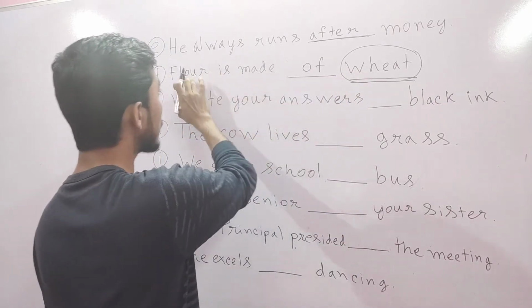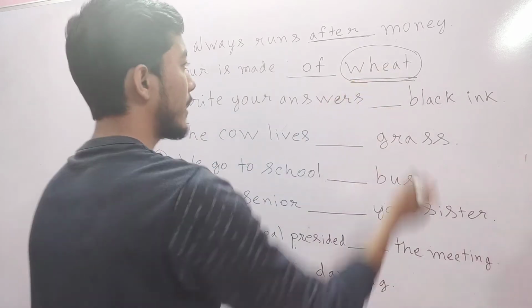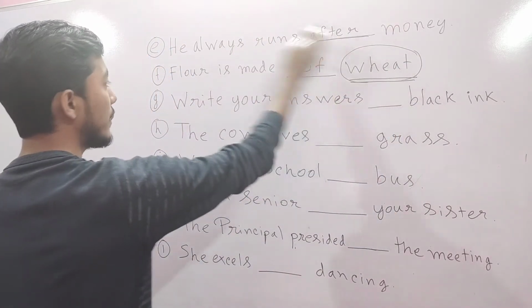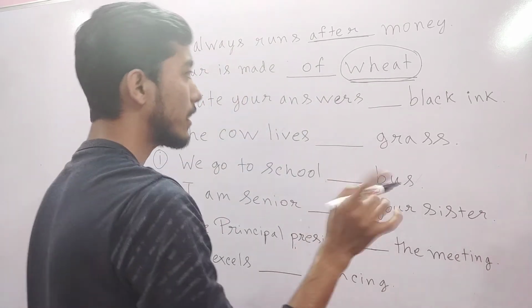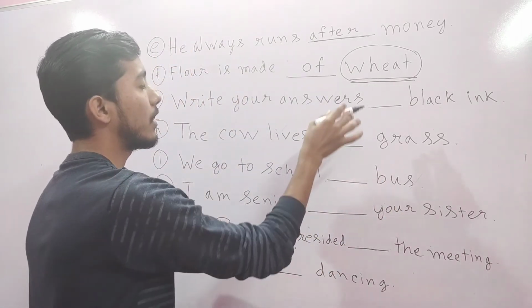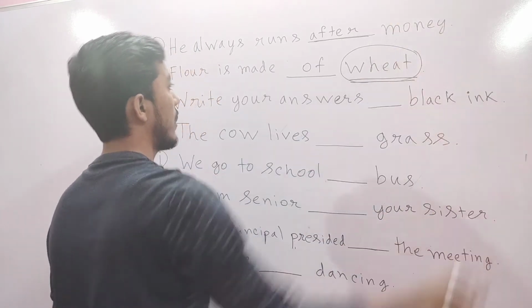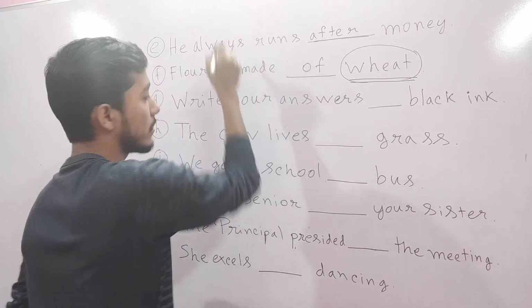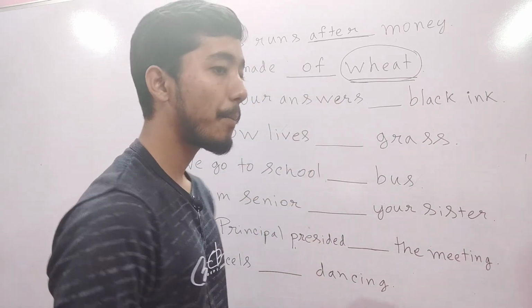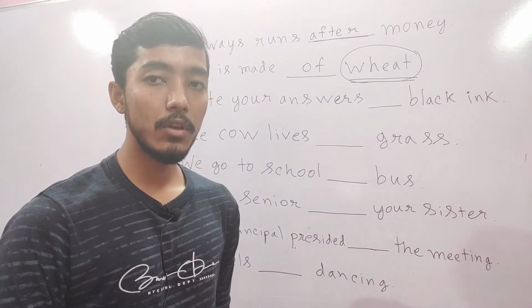Here flour was made from wheat. It had a physical change from wheat; it went to flour. If the sentence was of some other kind, like the ring is made of gold.